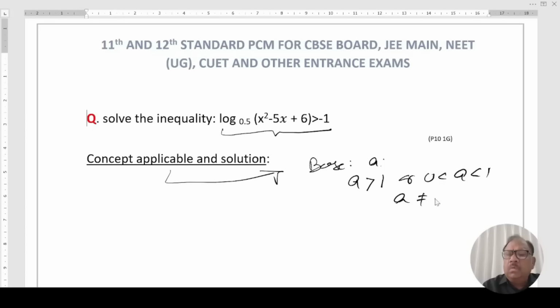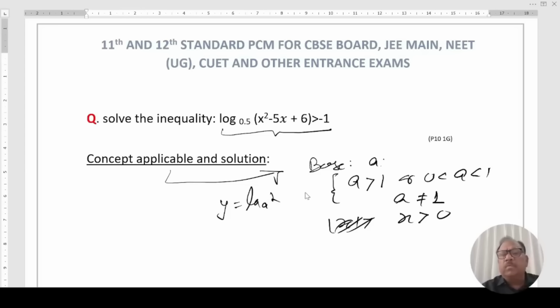A should not be equal to 1. One condition is this. Second, the argument f(x) should be greater than 0 for y equal to log base a of f(x). Then this is a condition.